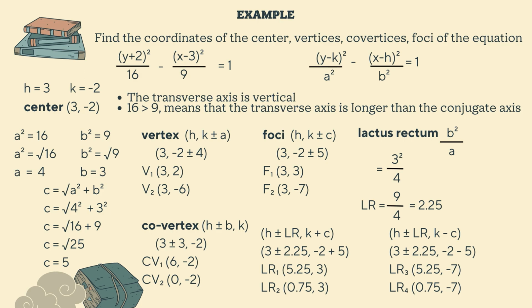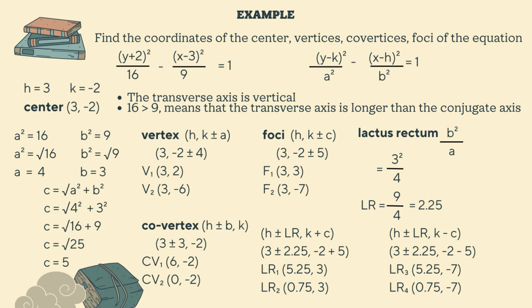The quantity of y plus 2 squared over 16 minus the quantity of x minus 3 squared over 9 is equal to 1. So that is the standard equation of the quantity of y minus k squared over a squared minus the quantity of x minus h squared over b squared is equal to 1.